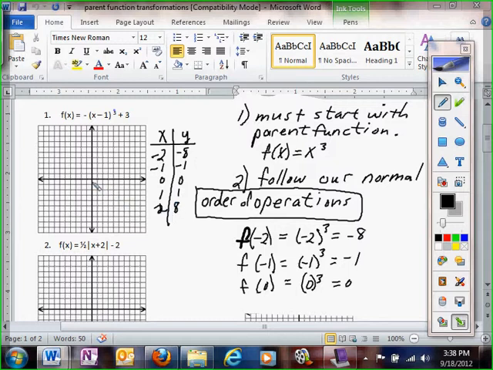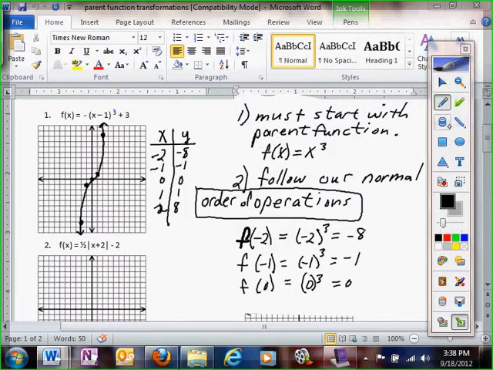So I want to plot these points, and then carefully, I want to sketch this graph. And so there's my parent. And I have these points that I can work with, because that's what I'm going to be using to do all of these transformations.